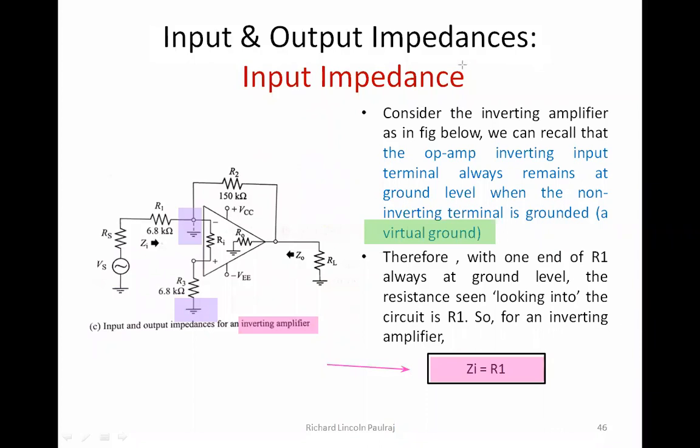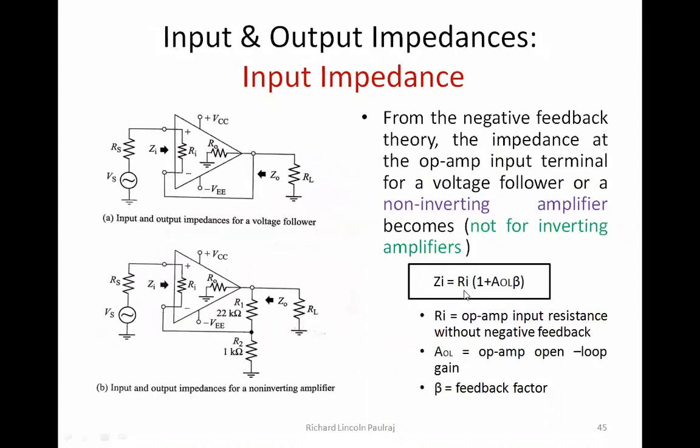And for the non-inverting configuration, we will be using the one which was there previously, which is input impedance equal to Ri, that is your input resistance, times (1 plus AOL into beta), 1 plus AOL into beta. Fine.